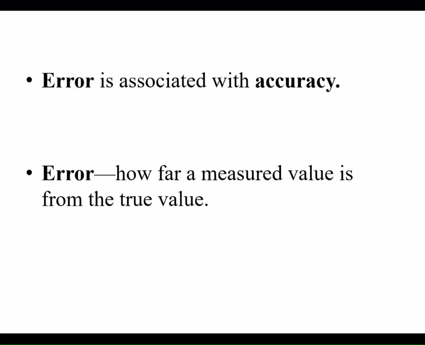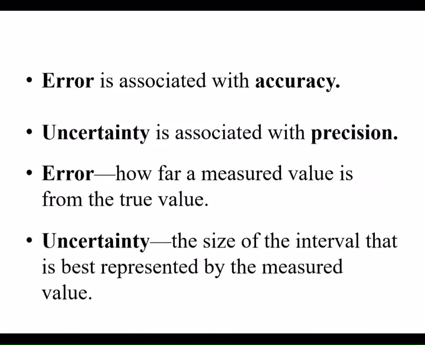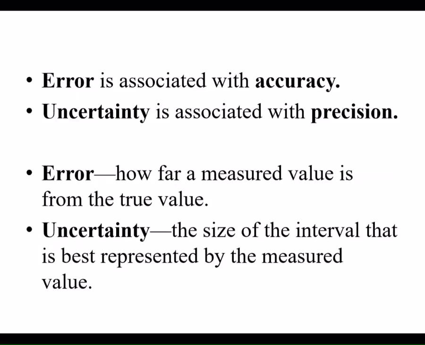So error, if you're off a little bit, is associated with being off from a known or true value. So error is associated with accuracy, how far you are from the true value. And uncertainty is that wiggle, I call it wiggle, in the number that you reported.